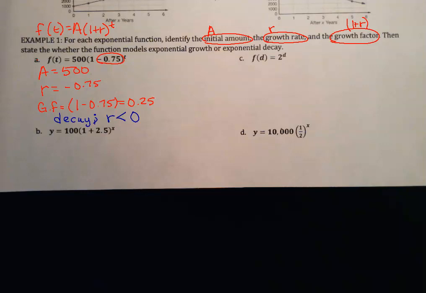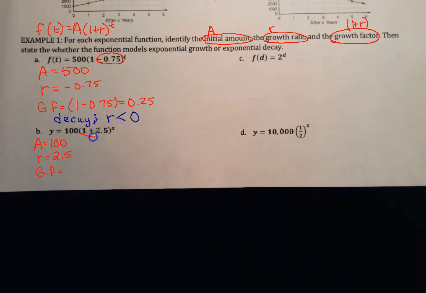Okay, let's look at the next one. We're going to do b next. What's my a value here? Again, we're comparing it to the function form. Good, a is 100. What's our r value? We're looking at the r inside the parentheses. Perfect, it's a positive 2.5. What's our growth factor value?